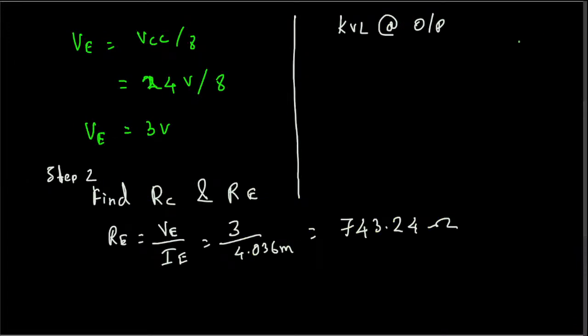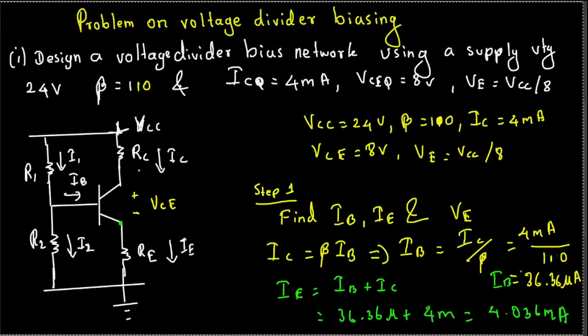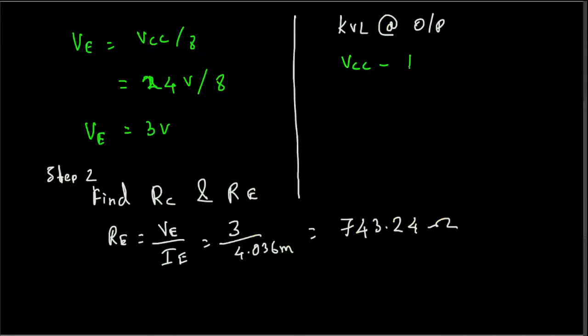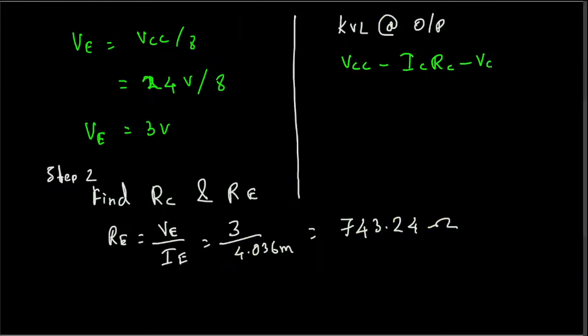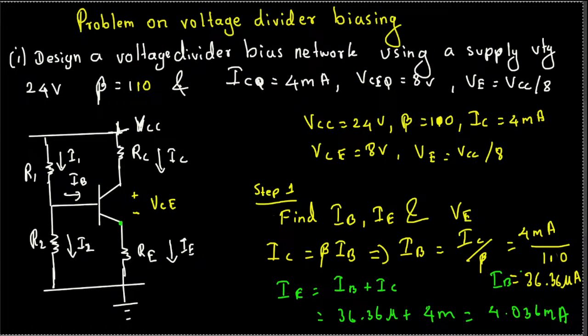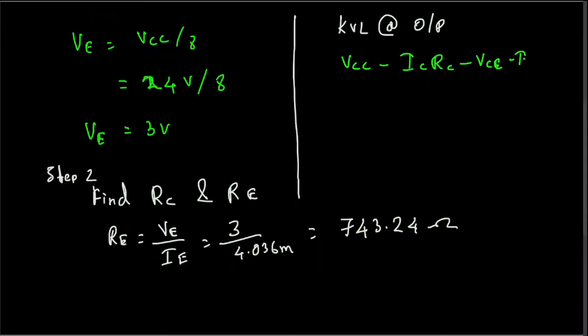Let me use a different color. VCC minus ICRC minus VCE minus IERE should be equal to 0.